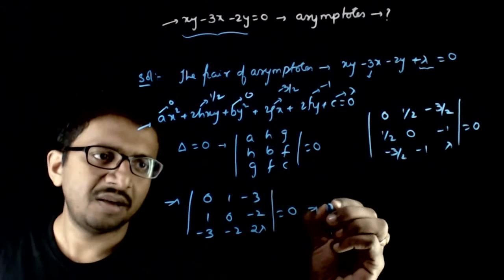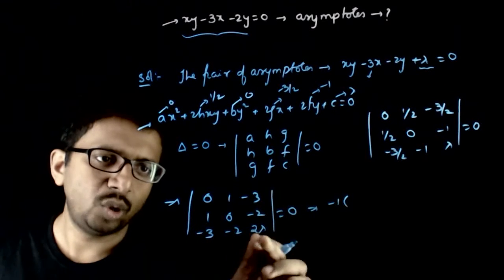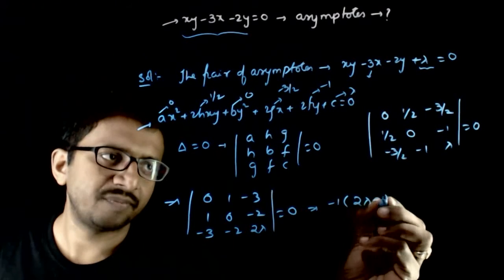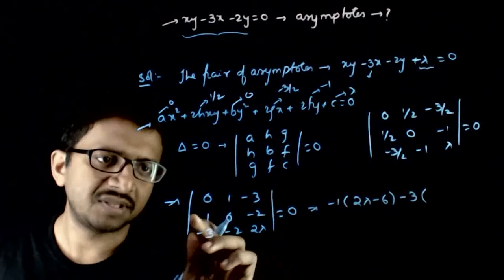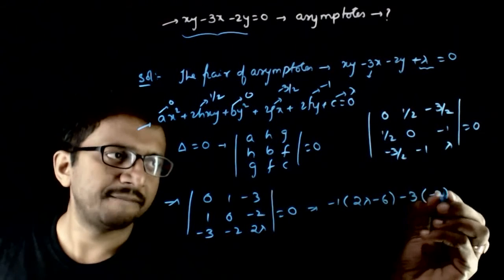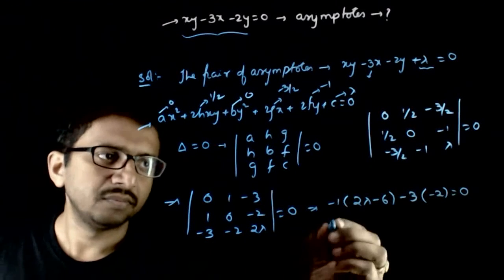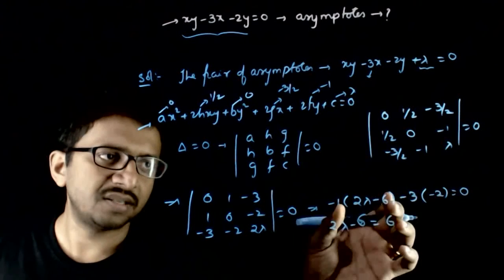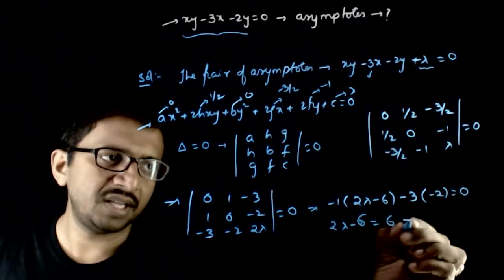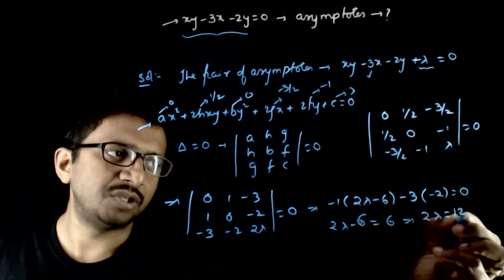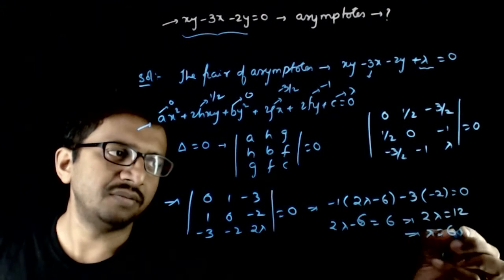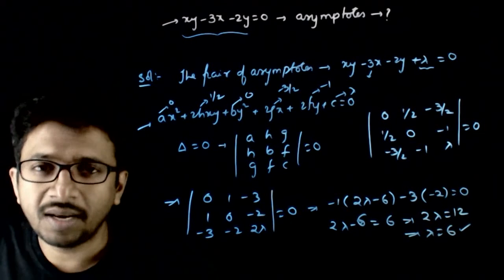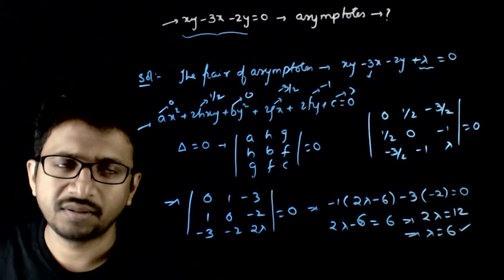This implies minus 1 times 2 lambda minus 6 minus 3 times minus 2 is equal to 0. So 2 lambda minus 6 is equal to 6, 2 lambda is equal to 12, so lambda is equal to 6.